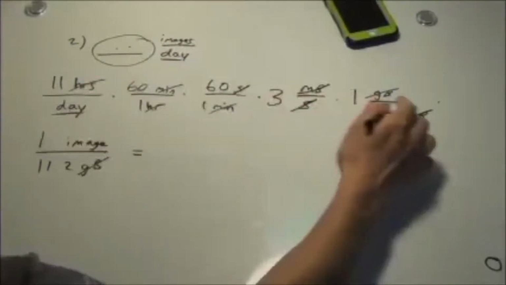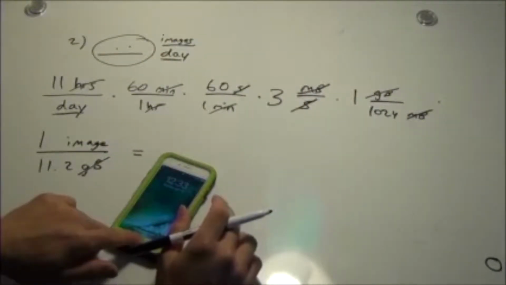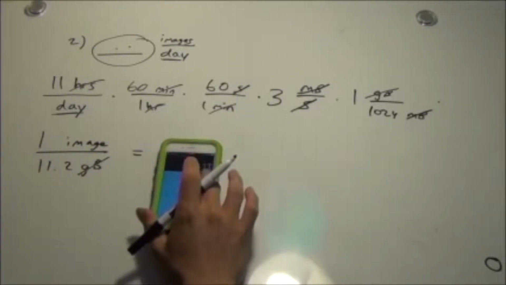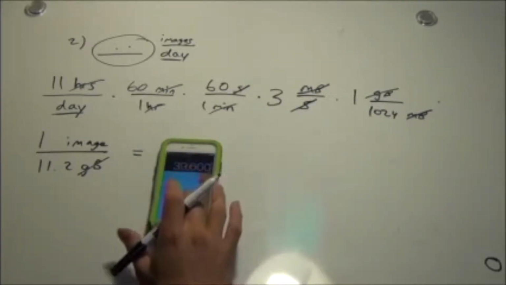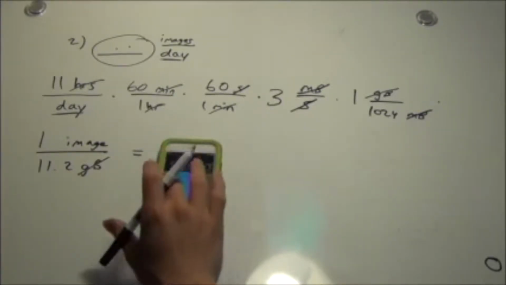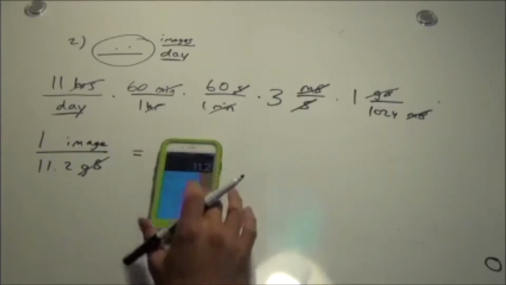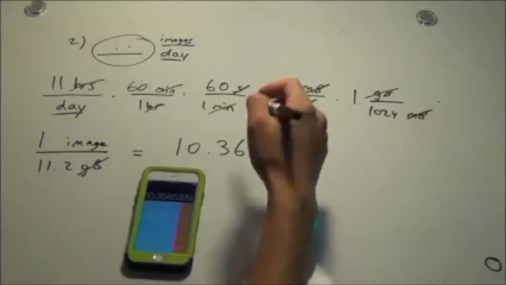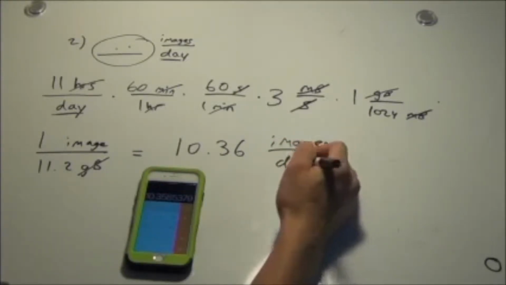On the real test, I'm sure you'll have a real calculator; I'm just using my phone. So it's 11 times 60 times 60 times 3 divided by 1,024 divided by 11.2, which gives us 10.36. That's what we have, images per day.